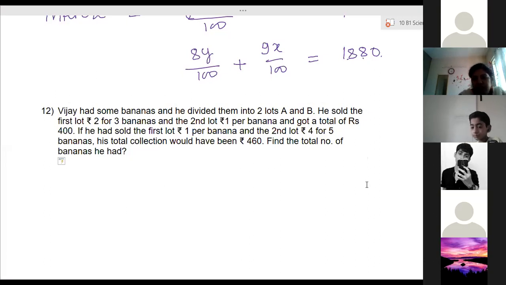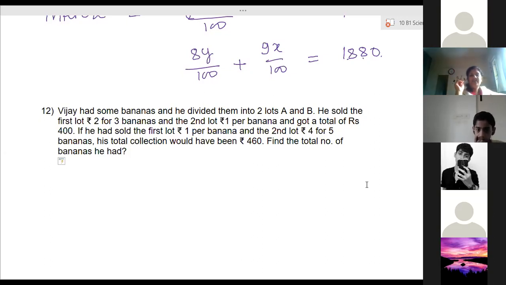Now next question. Vijay had some bananas and he divided them into 2 lots, A and B. He sold the first lot at ₹2 for 3 bananas. So that means 3 bananas he has sold for ₹2.